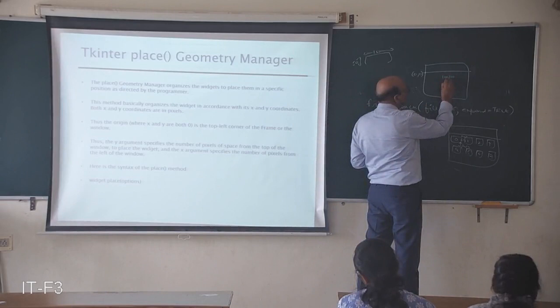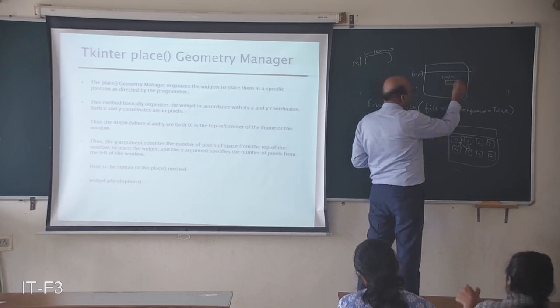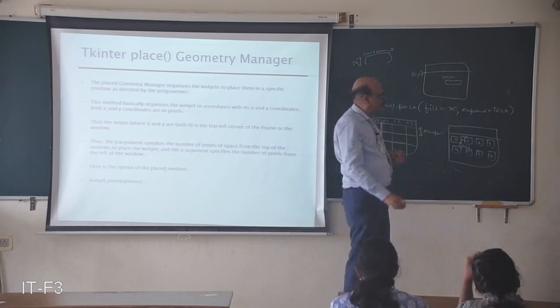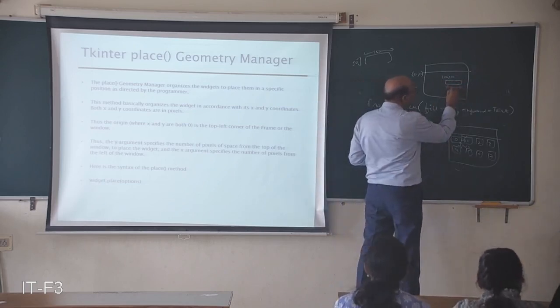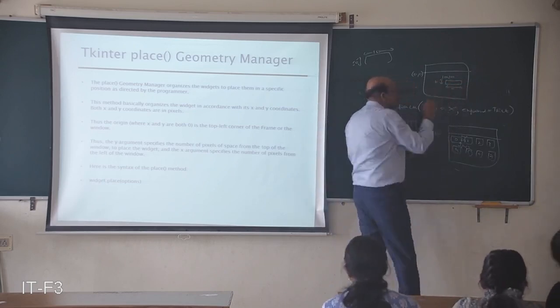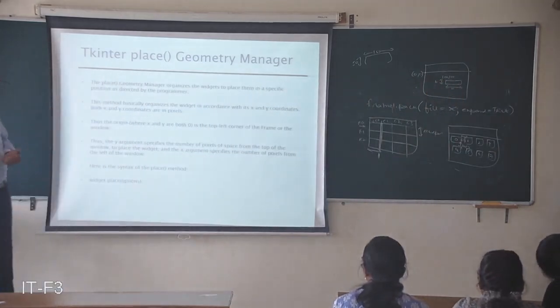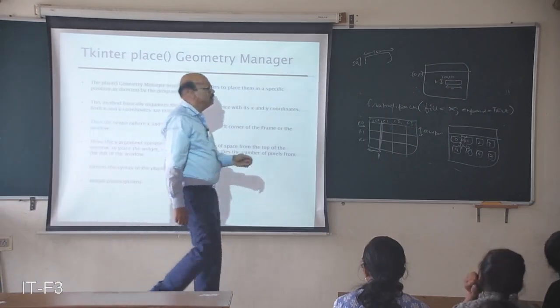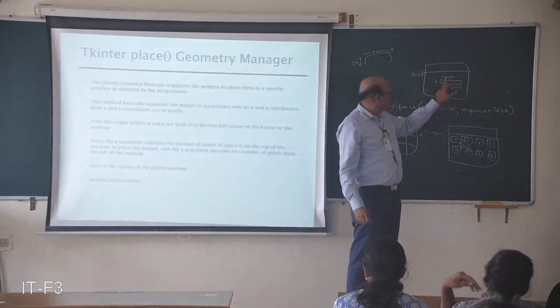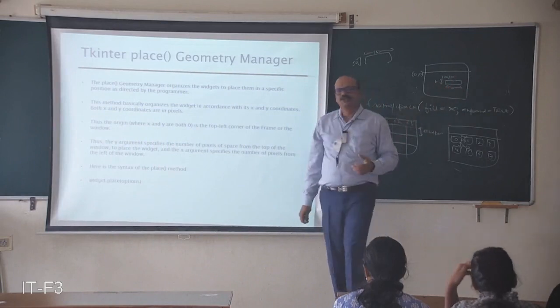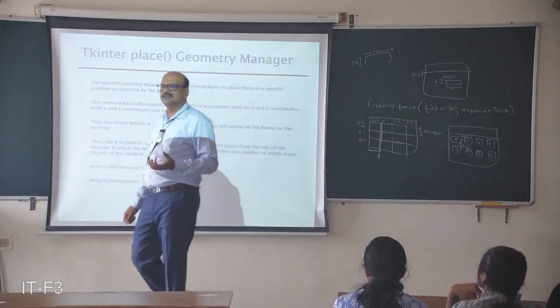Suppose the width is 50 and height is 25, this widget will be placed starting at the 100, 100 xy coordinate. So this is the width and this is the height. Whenever you want to use the place geometry manager, you have to specify four parameters: the xy coordinate, then width, and then height. These are the four parameters that you need to give.